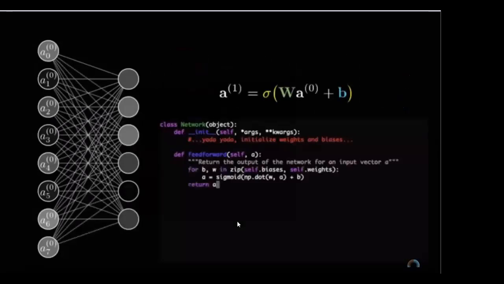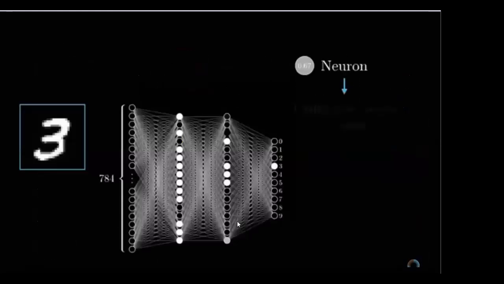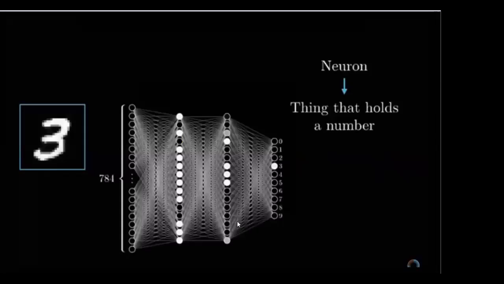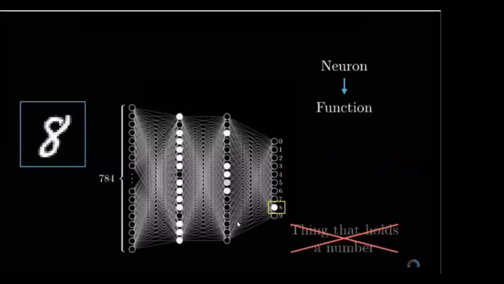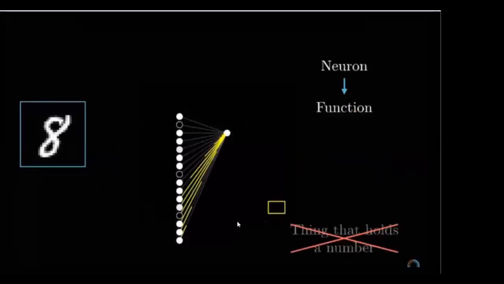Remember how earlier I said these neurons are simply things that hold numbers? Well, of course, the specific numbers that they hold depends on the image you feed in. So it's actually more accurate to think of each neuron as a function, one that takes in the outputs of all the neurons in the previous layer and spits out a number between 0 and 1.